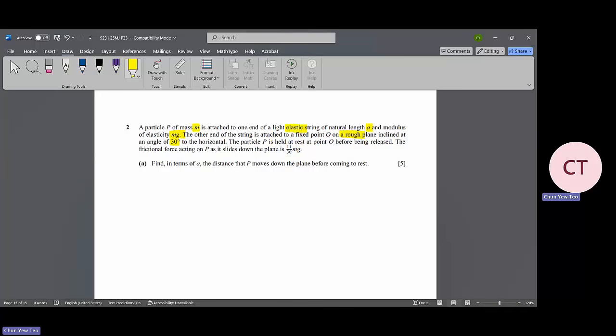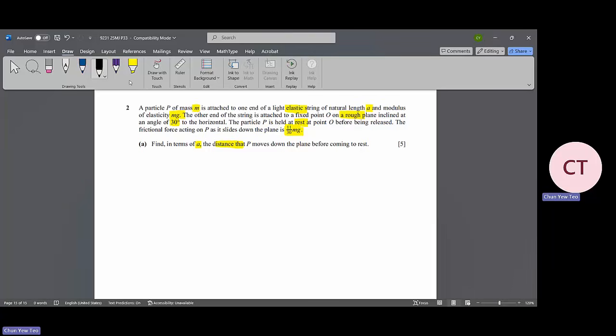The particle is held at rest at the point O before being released. Then the frictional force acting on P as it slides down the plane is 11/30 mg. Find in terms of a the distance of P that moves down the plane before it comes to rest.